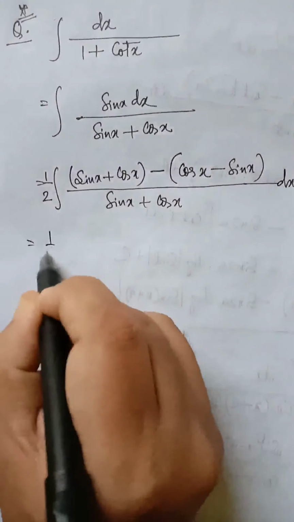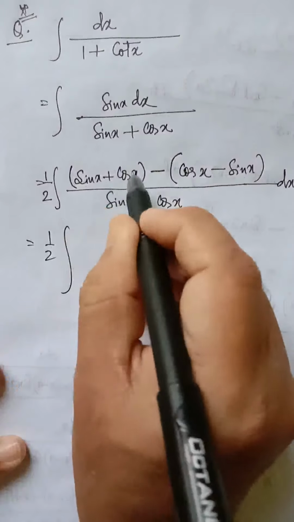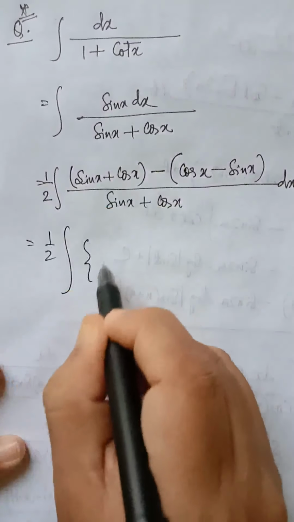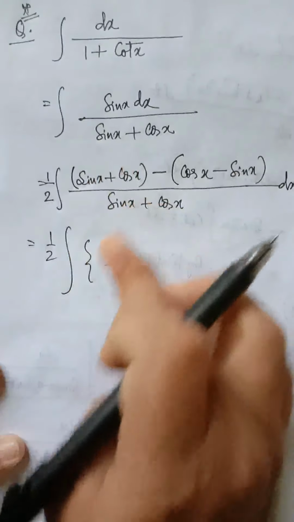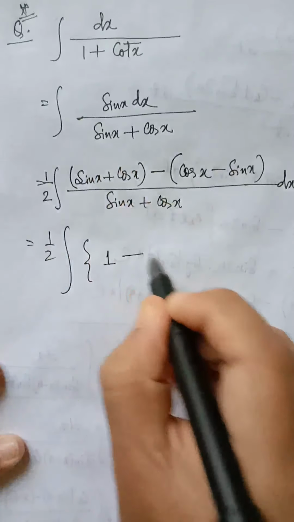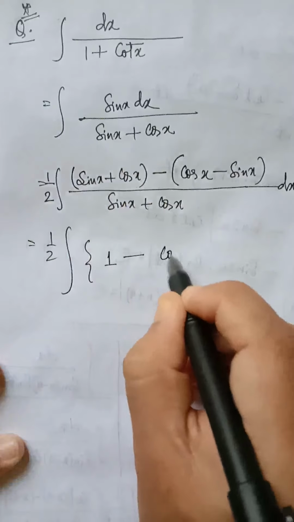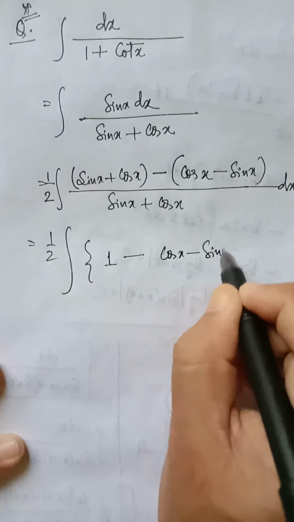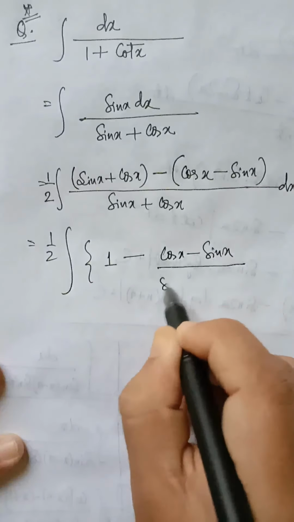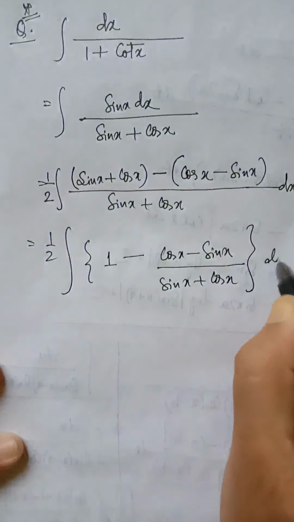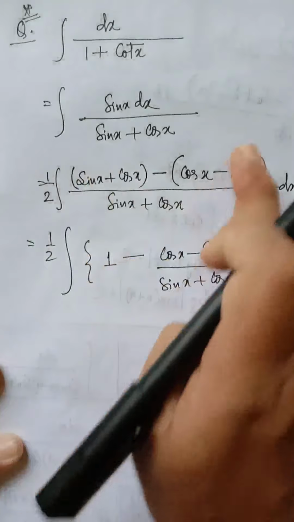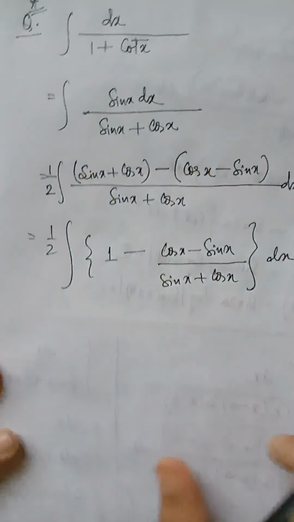Now if we divide, sin x plus cos x by sin x plus cos x is 1, minus cos x minus sin x by sin x plus cos x.